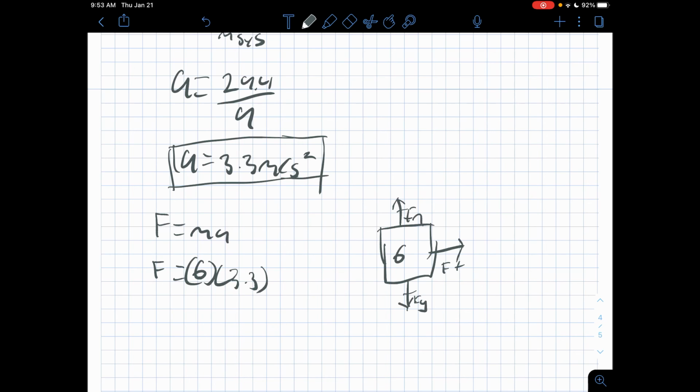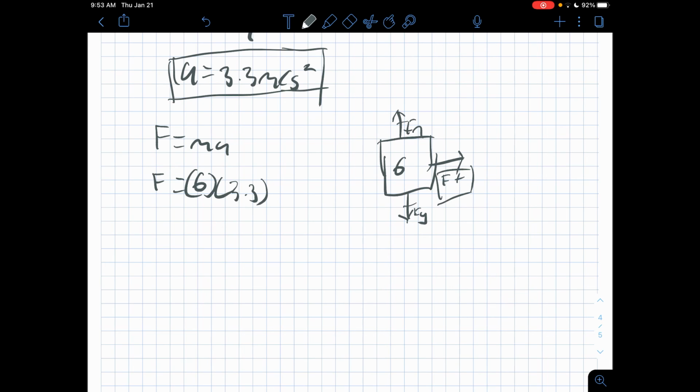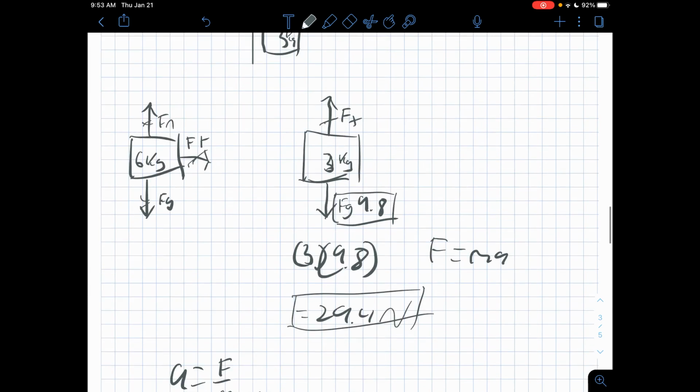These two cancel each other out, and this is the only force acting on this block. Since it's the only force and you have the acceleration, you can calculate that force. So the Ft of the first block is equal to 6 times 3.3, which is equal to 19.8 newtons.